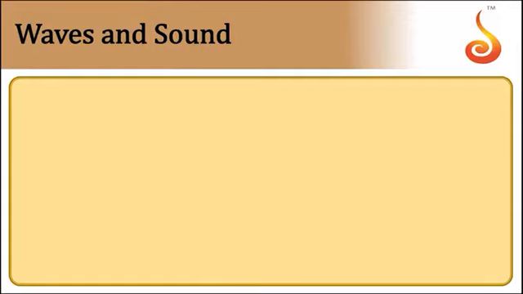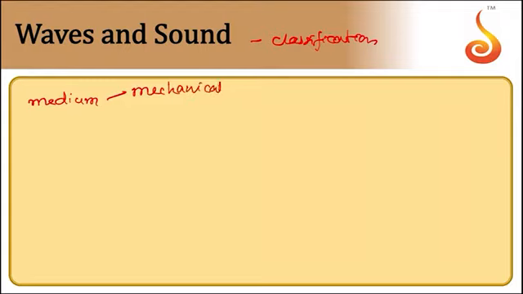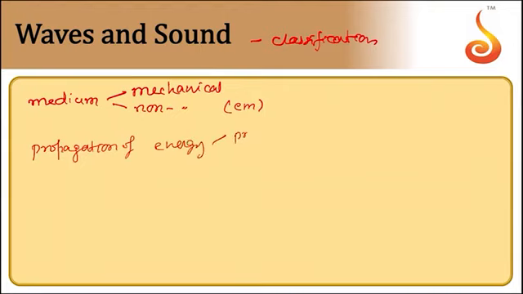You know, waves can be classified into various types based on different parameters. Based on the necessity of the medium, we have mechanical waves and non-mechanical waves or electromagnetic waves. Based on the propagation of energy, we have progressive waves and stationary or standing waves.